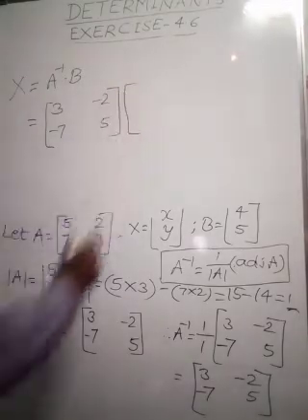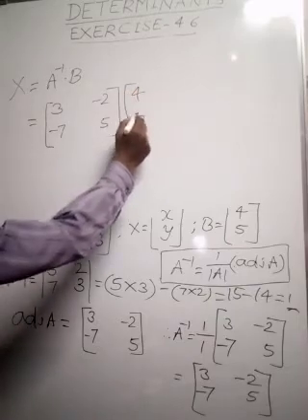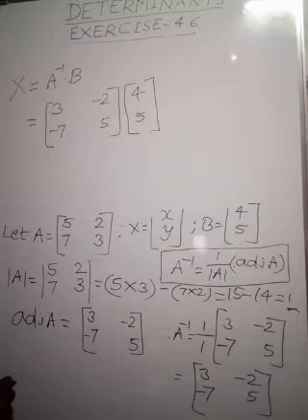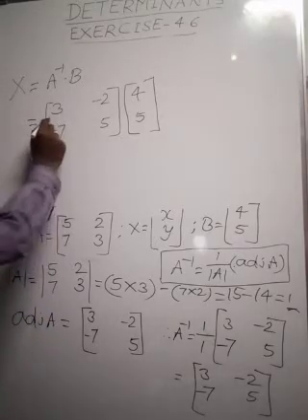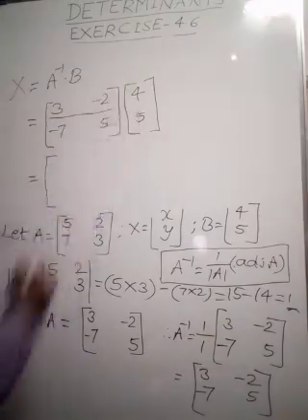into what is matrix B? [4; 5]. Now we have to multiply these two matrices. Okay, my dear children? How do you multiply two matrices? You have to take the first row, first column.